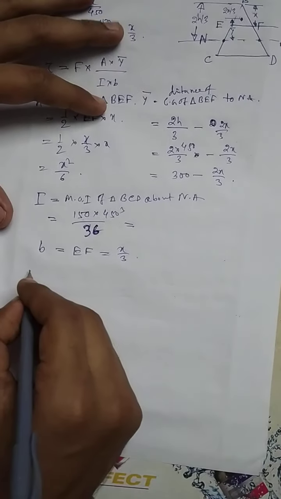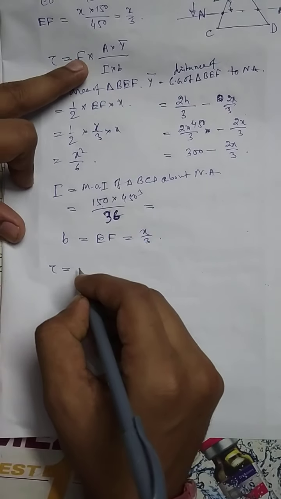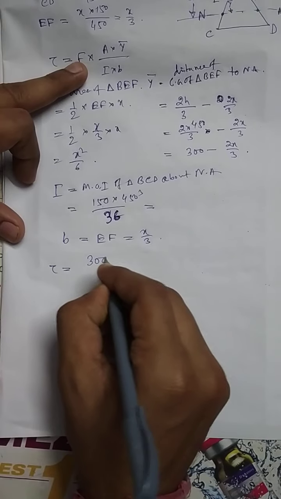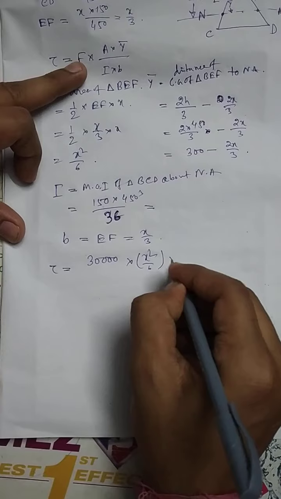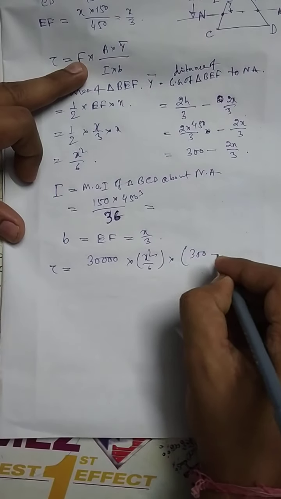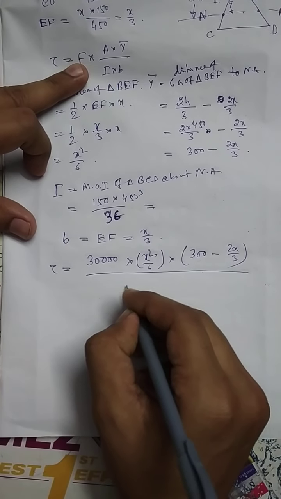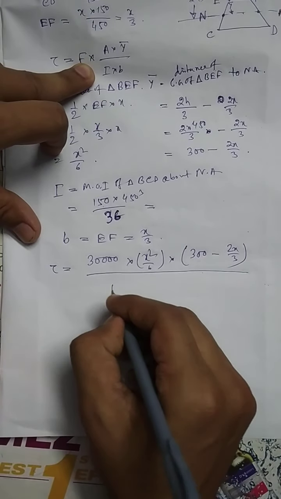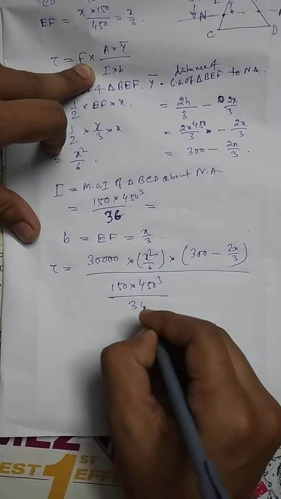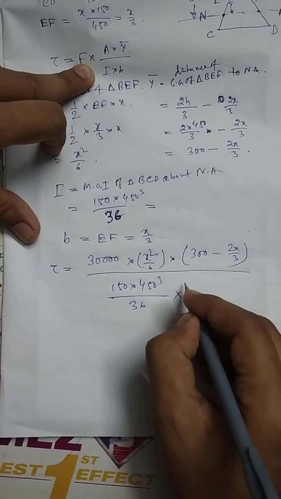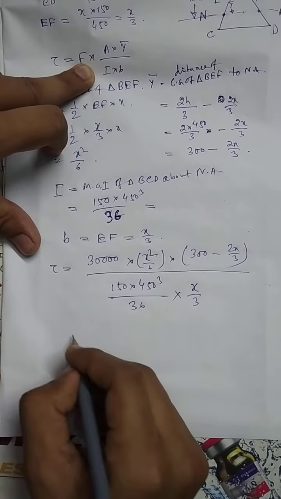Now when we put all these values in this expression of tau, it becomes 30,000 Newton into A, x square by 6, into y, 300 minus 2x by 3, divided by I into B, where I is 150 into 450 cube by 36, into B, B is x by 3.